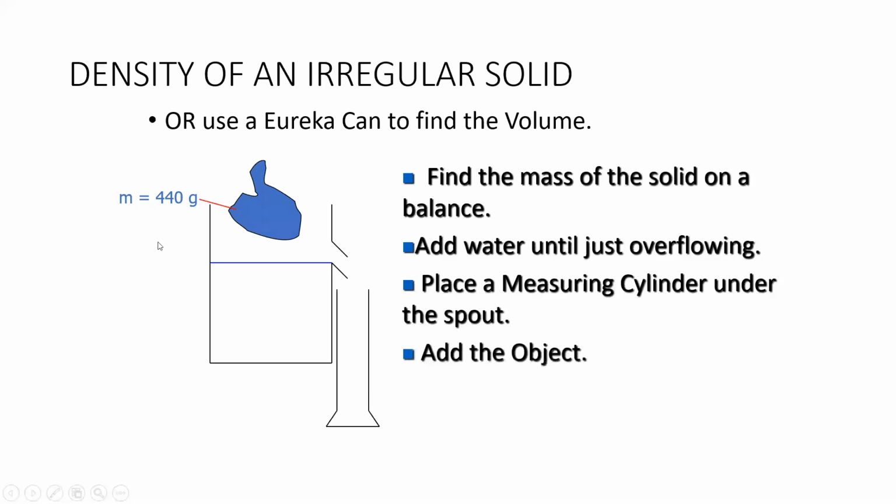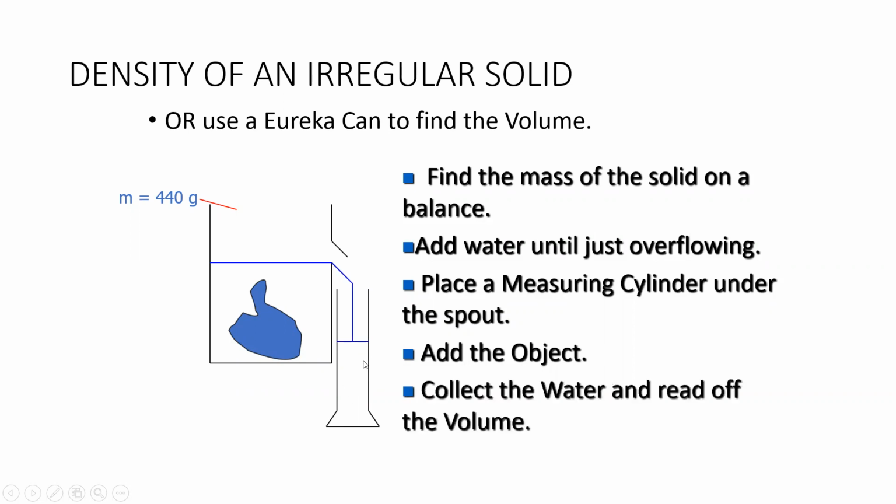When we add the object, the water will spill out from the Eureka can and fill up the measuring cylinder. How much water comes out is the same as the volume of the object. So using mass and volume, we can work out the density of an irregular object which is large and does not fit directly into a measuring cylinder.